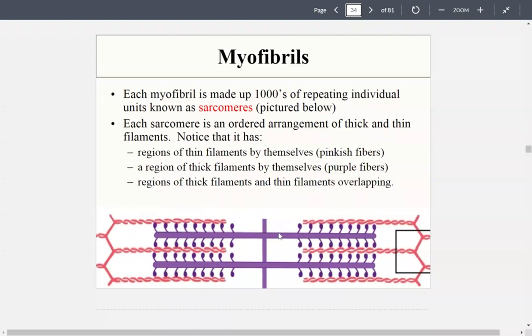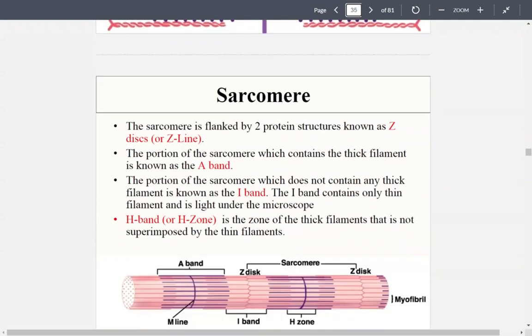In this artistic rendering, the thick filaments are this purple with the heads, and the thin filaments are this pink. Typically you will find that the thick filaments will come in contact with multiple thin filaments, and the thick and thin filaments are going to overlap. If they don't overlap, we cannot have contractions.